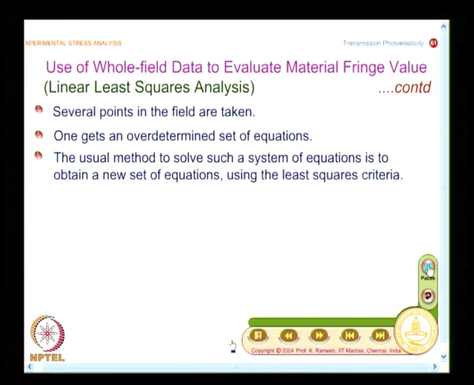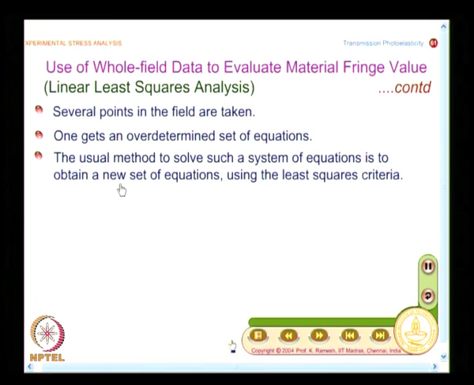And this is again emphasized: we take several points in the field and you get an over-determined set of equations, and the usual method to solve such a system of equations is to obtain a new set of equations using the least squares criteria.